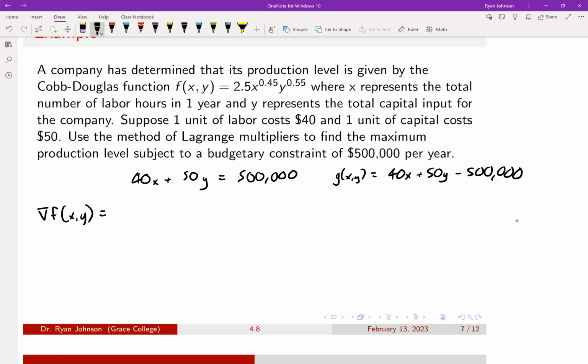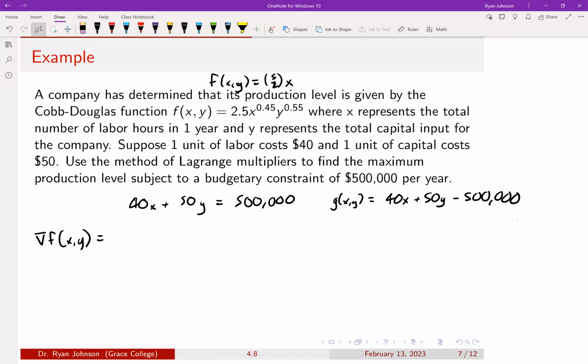So let's rewrite f(x,y) with fractions. f(x,y) equals 5 over 2 times x to the 0.45, which would be 45 over 100, which would basically be 9 over 20, and y to the 11 over 20.